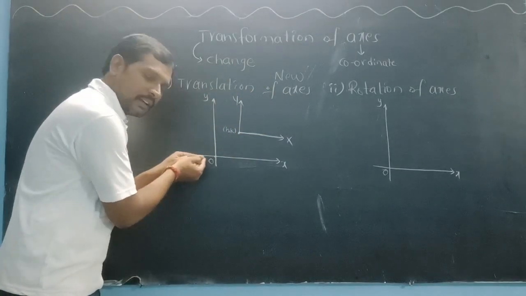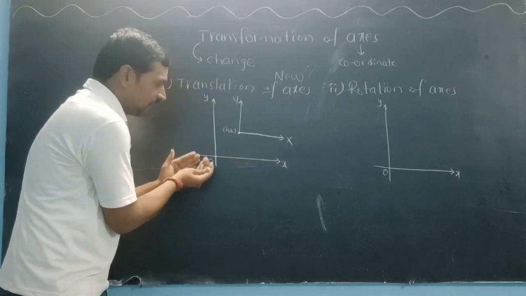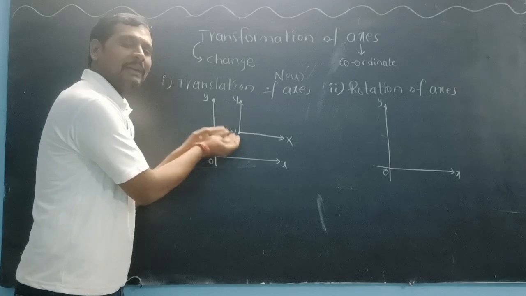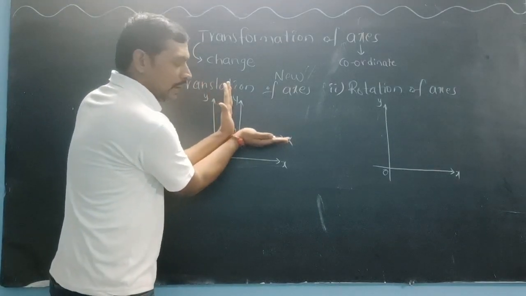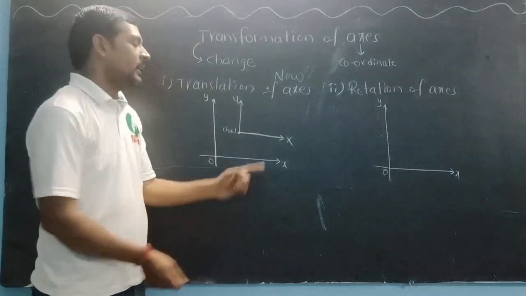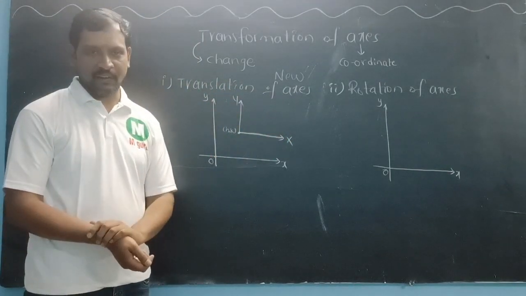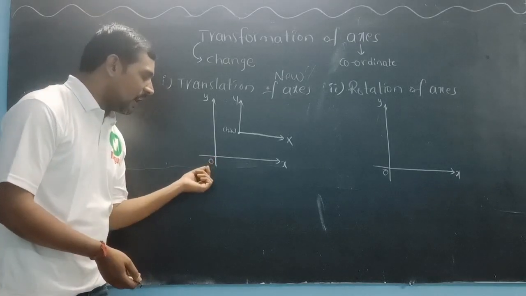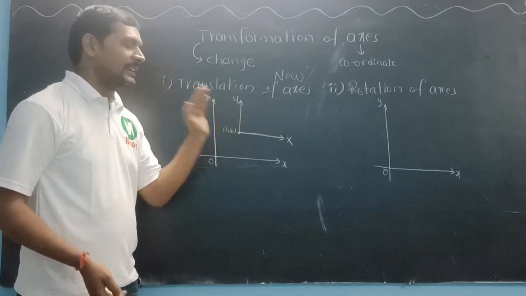See, this is the original coordinate system, but when we are shifting the origin to some other point called (h, k), from that point, whatever axis is forming, the new axis we call translation of axis. Right? Here origin is shifted to (h, k) without changing the direction.